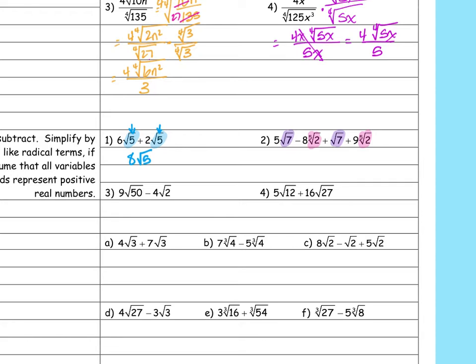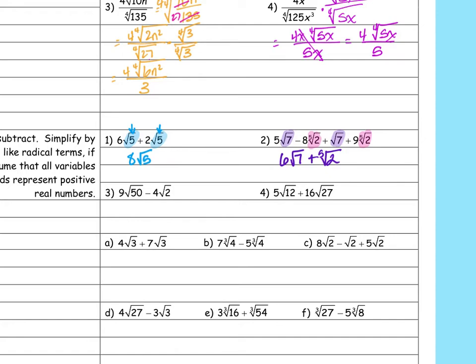So I've got 5 square root of 7 plus 1 square root of 7 would be 6 square root of 7. And negative 8 fifth root of 2 plus 9 fifth root of 2 would be 1 fifth root of 2. That's it. Yes. Okay, so now as long as the roots are the same, it's fairly easy.